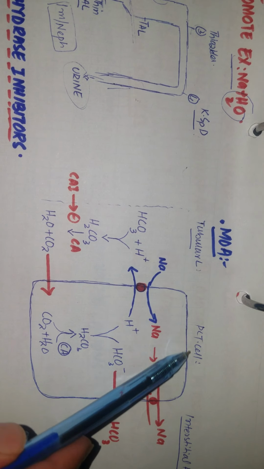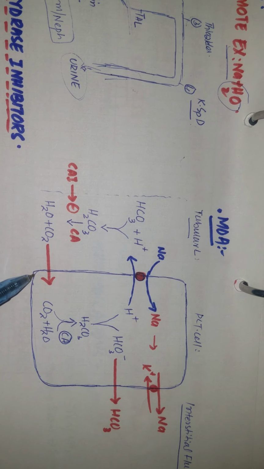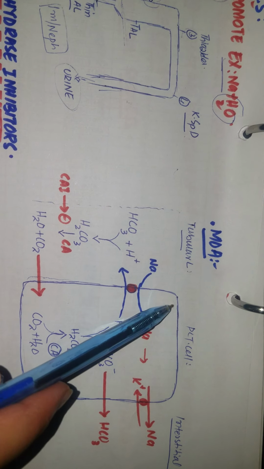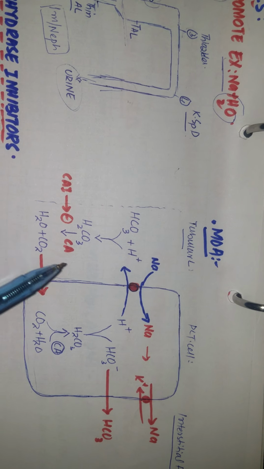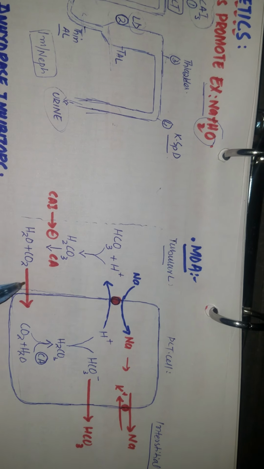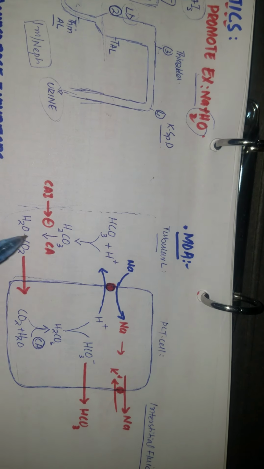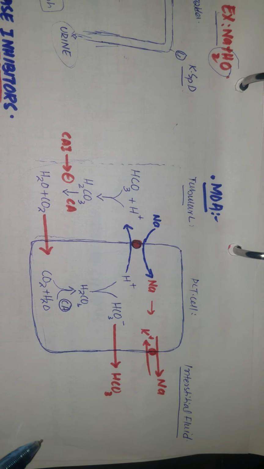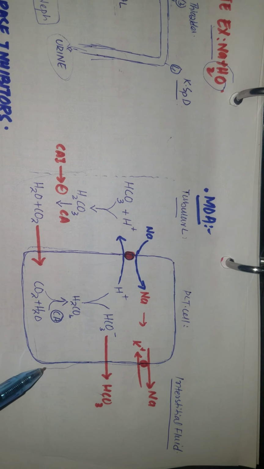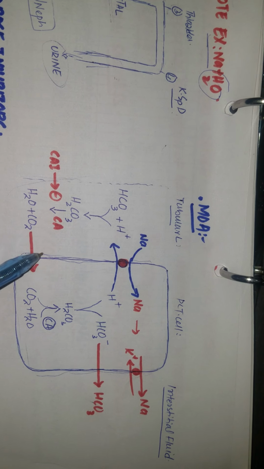Let's suppose this is a cell taken from the proximal convoluted tubule. This is the tubular lumen, where the filtered fluid is passing, and this is the interstitial fluid. This is the basolateral side and this is the luminal side of the cell.